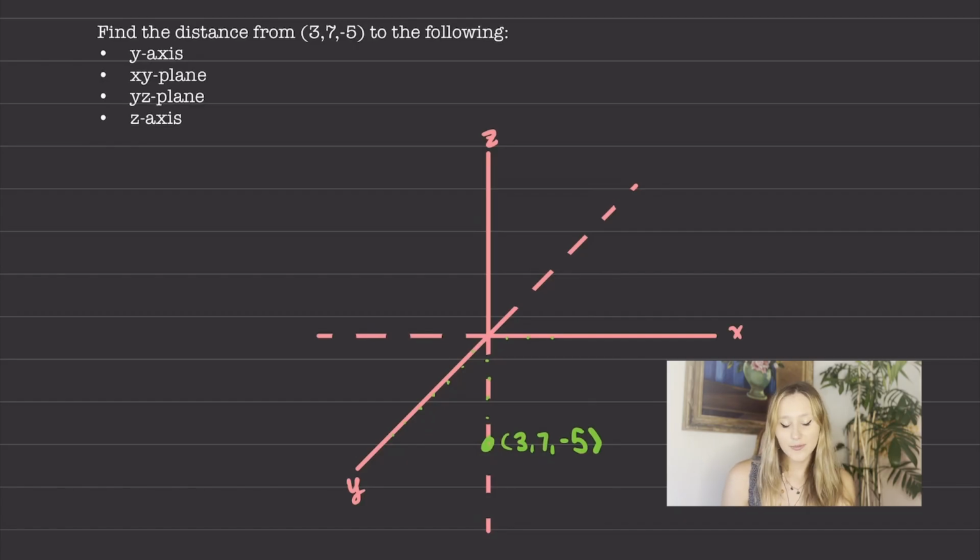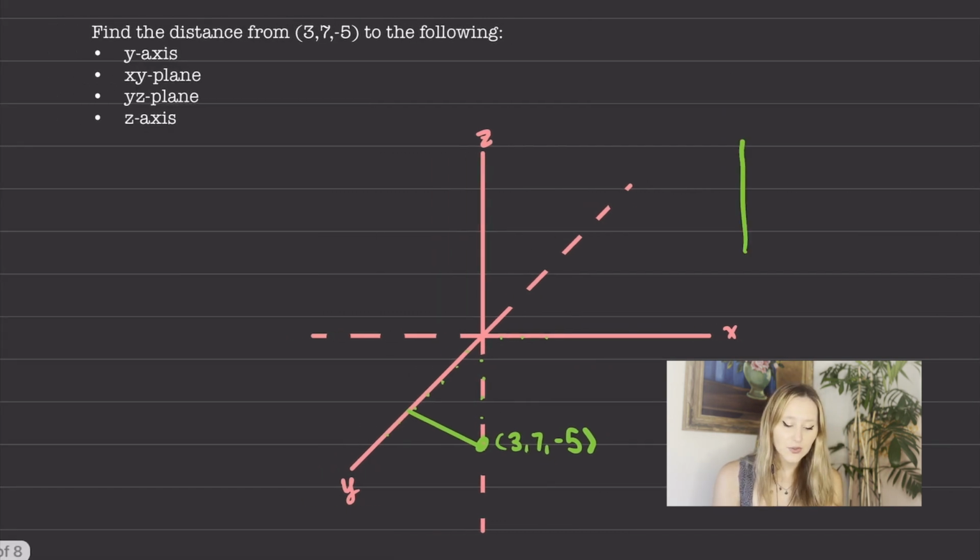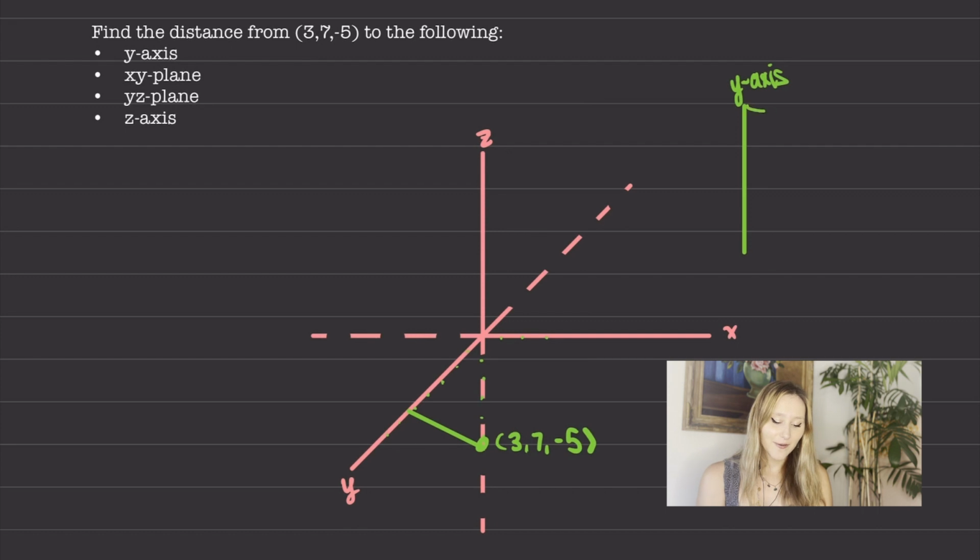So let's do a problem. Find the distance from (3, 7, -5) to the following. Let's start with the y-axis. I'm going to draw a graph just to visualize this, and we're going to plot the point. That is the approximate place where the point would land, and we're trying to find the distance to the y-axis.